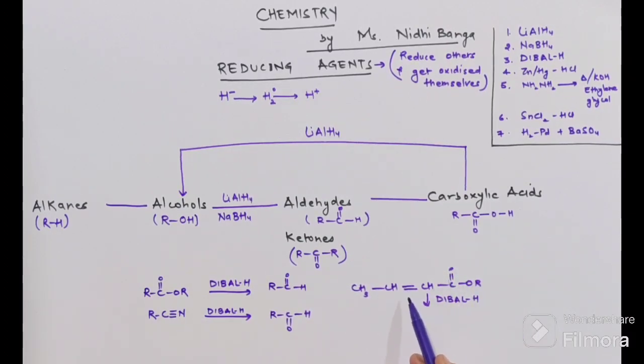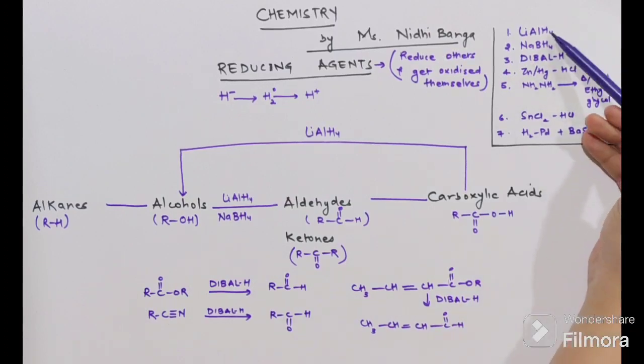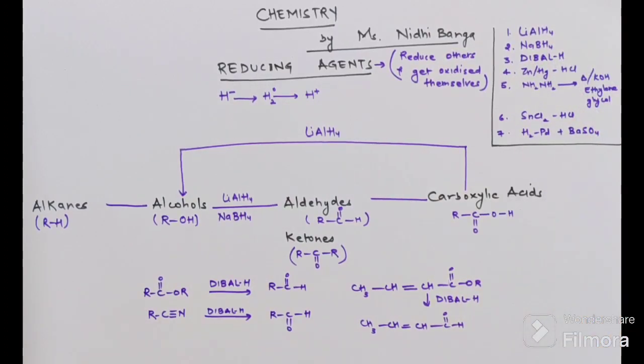Double bond is not affected at all. So your product here would be this. Double bond remains intact. Okay, so we have now done all three hydride reducing agents, right?